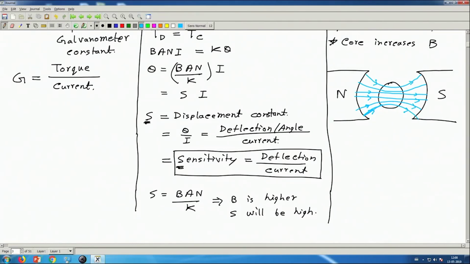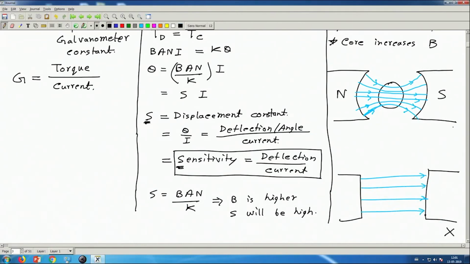If we did not have this core, or if we had the pole faces flat like this, then the flux lines would have been almost parallel like this. This is generally not used; this is how it is generally constructed.